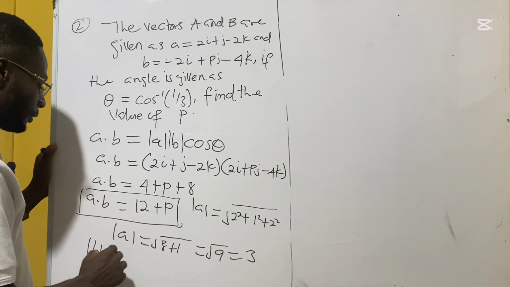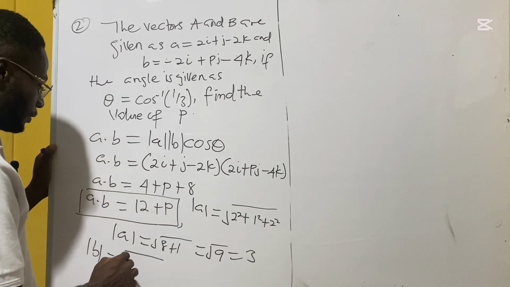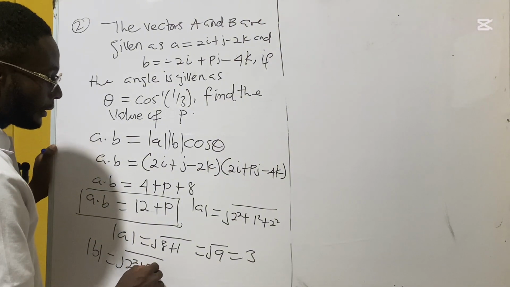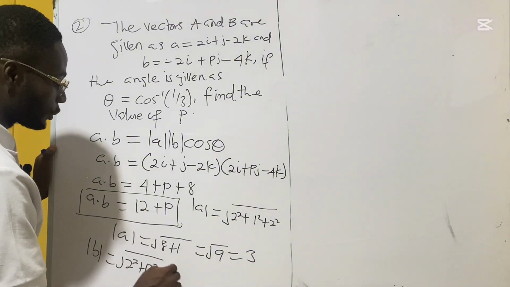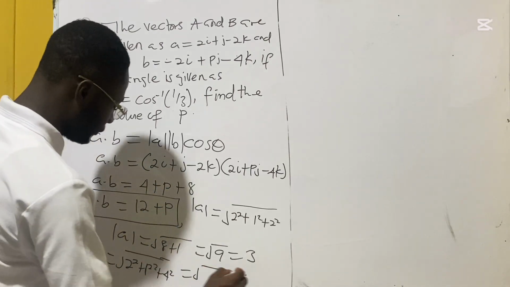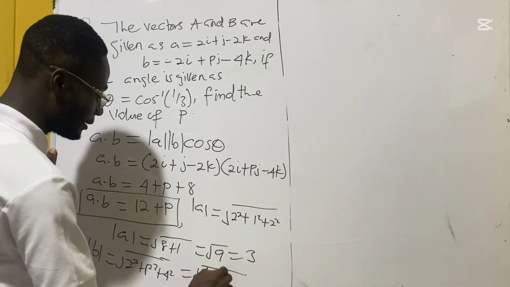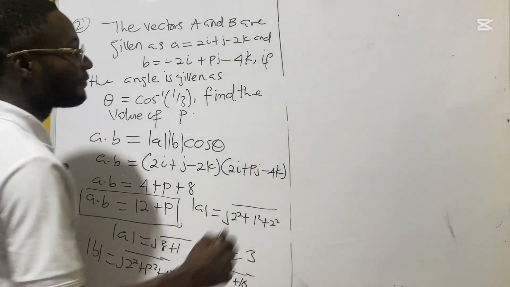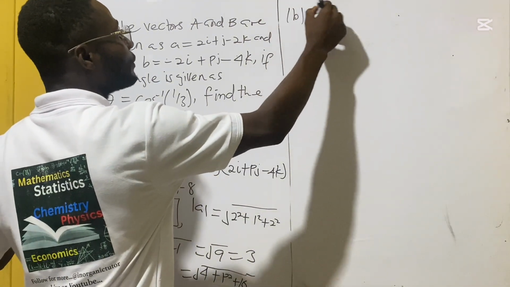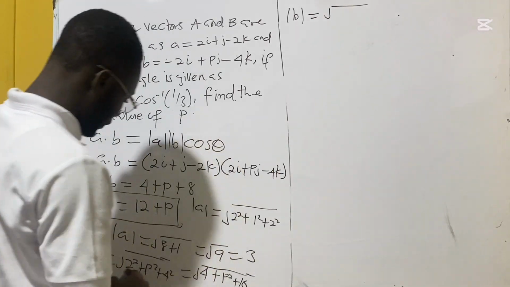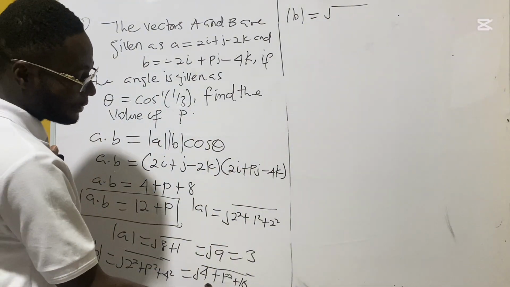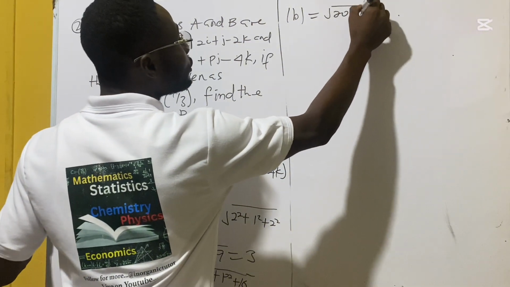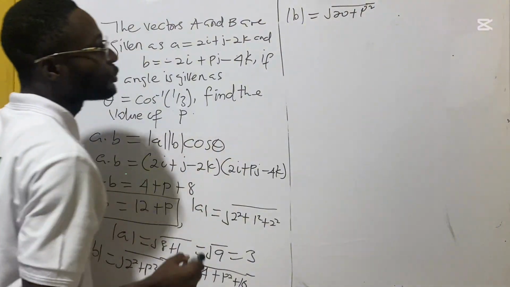The magnitude of b will be equal to the square root of 2 squared plus p squared plus 4 squared, right? And that is equal to 4 plus p squared plus 16. So we have the magnitude of b to be equal to the square root of 4 plus 16, and that is 20 plus p squared.